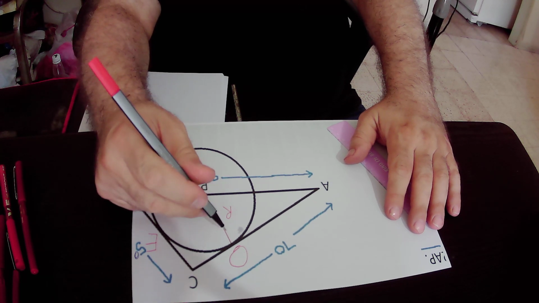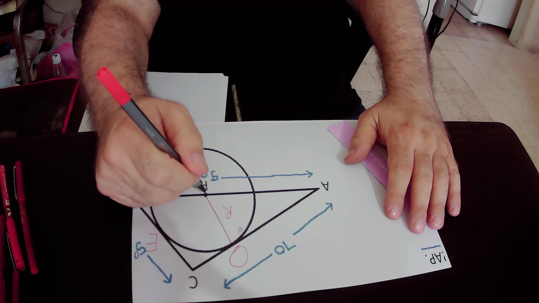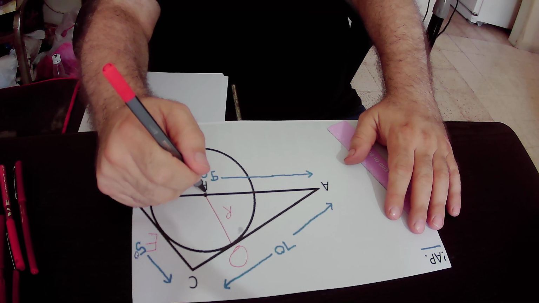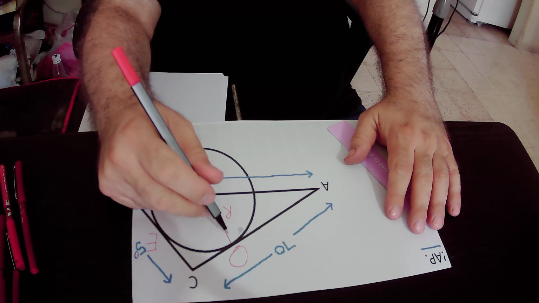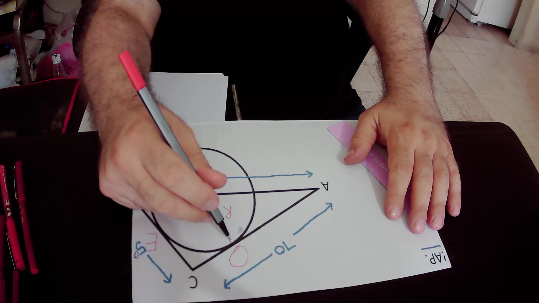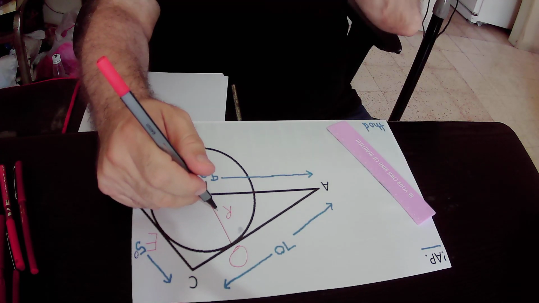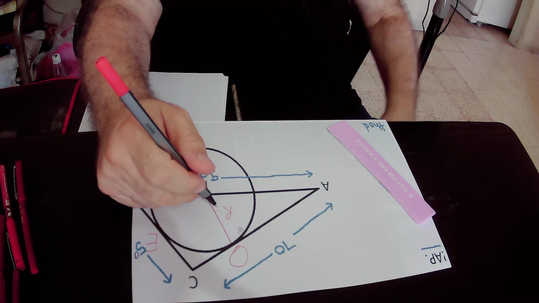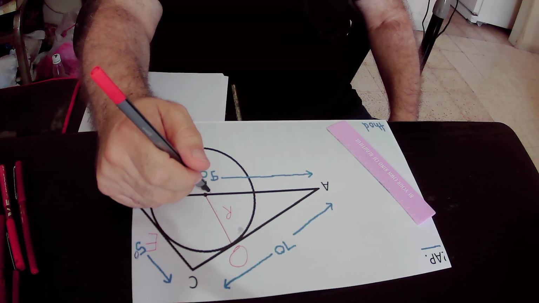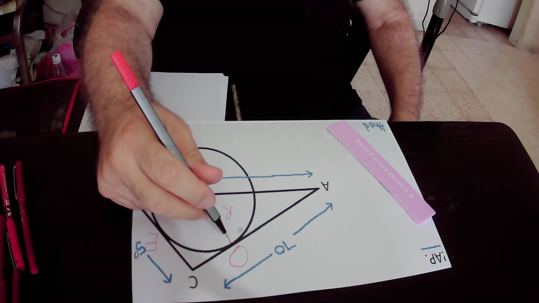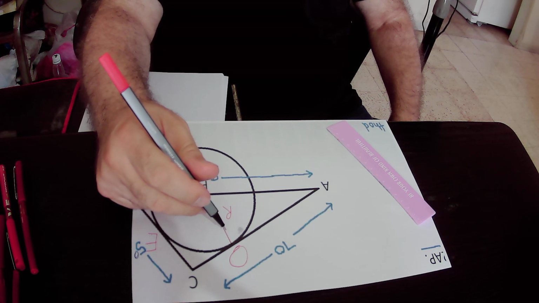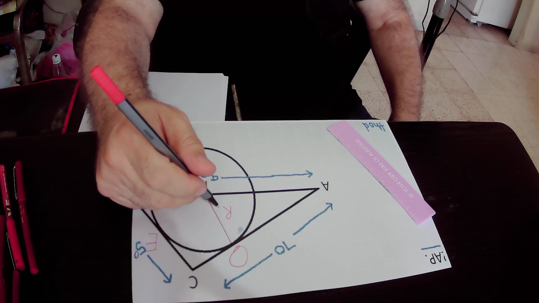It is the radius of the circle because it exits from the center of the circle and ends at point O on the circle, and this is exactly the definition of radius. Any radius of a circle exits from the center of the circle and ends at any point on the circle.